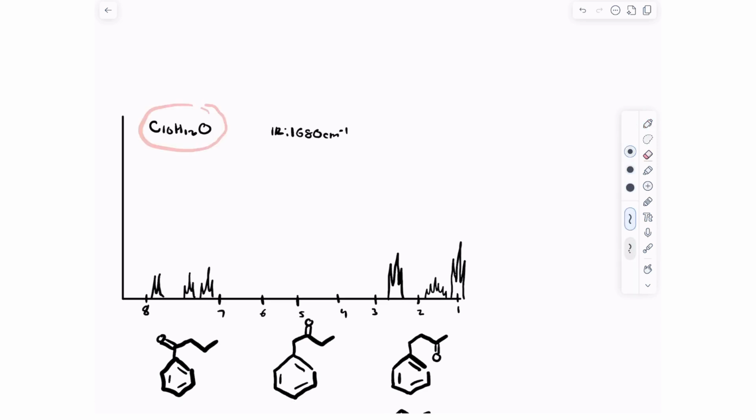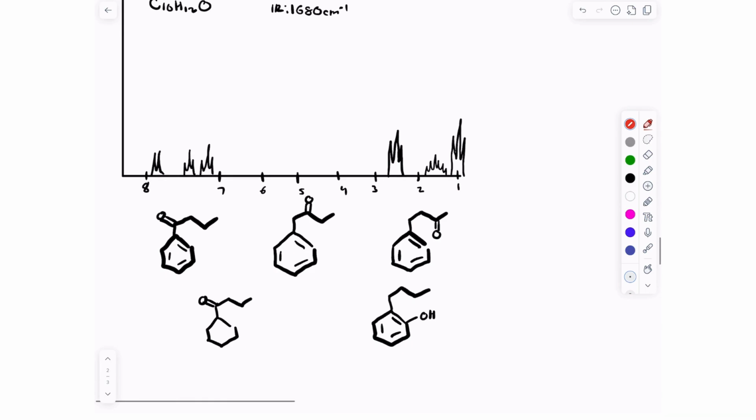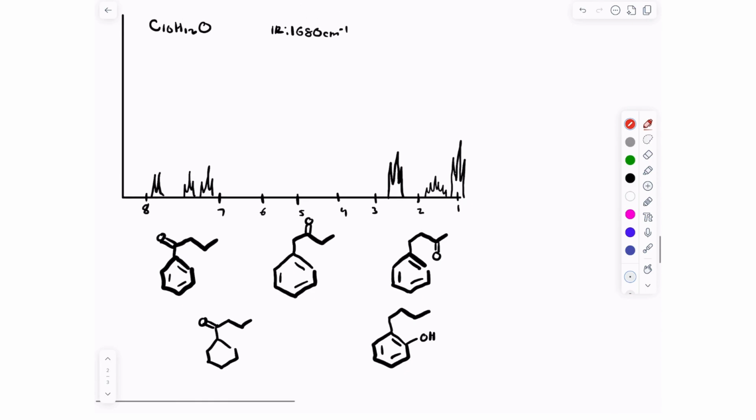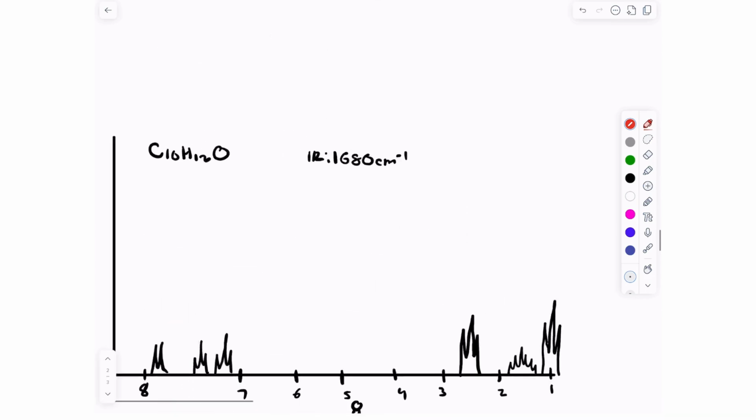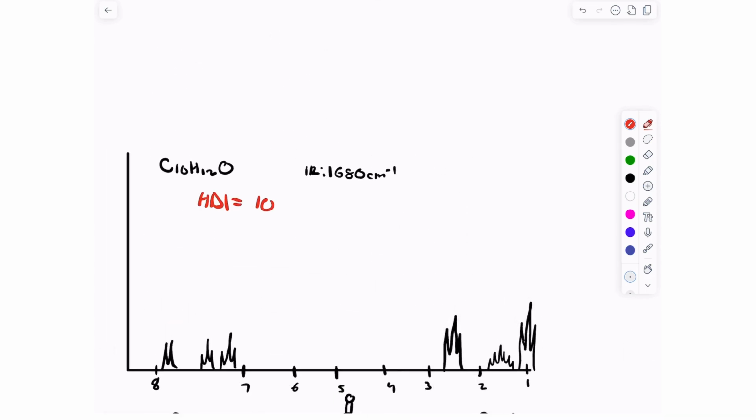This is the last problem. First of all, we do have the formula here, so we can calculate the HCI, but I think all that would really do is eliminate this one. But just for practice, I guess we could.